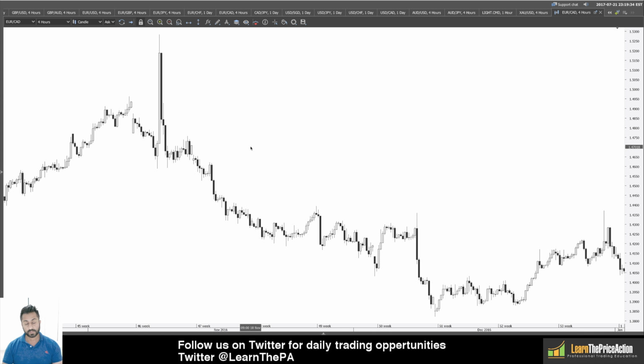Okay, because this is very important for you to understand. If you are able to understand this concept of which side of the market you want to be in, you will be able to understand how to pick the trades and which direction you want to pick the trades on. Okay, so I'm taking EuroCAD, and let's get started.